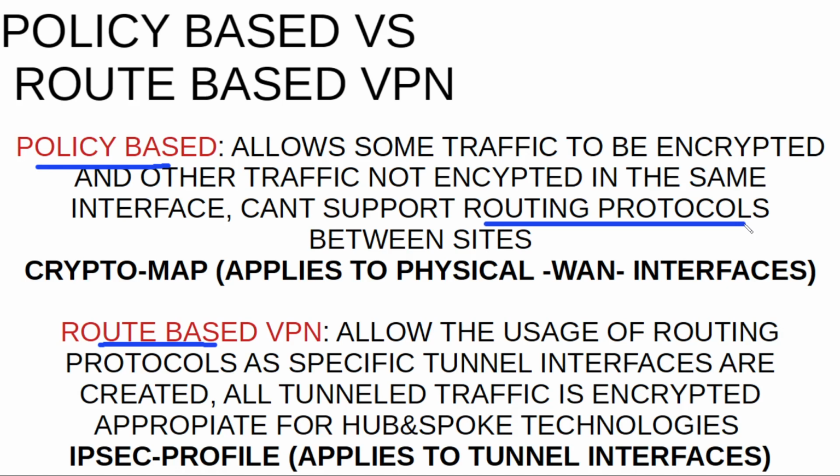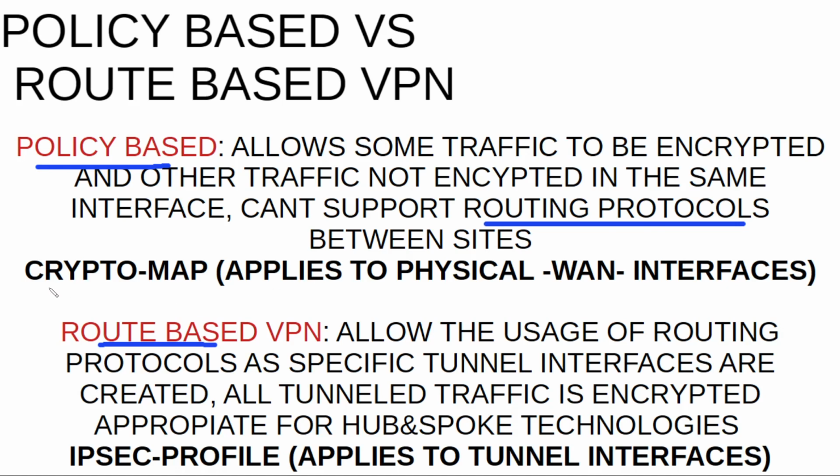So routing protocols usually like to run over specific interfaces. However, policy-based VPNs do not provide the specific interfaces protected by IPsec. So that is one of the characteristics of policy-based VPNs.